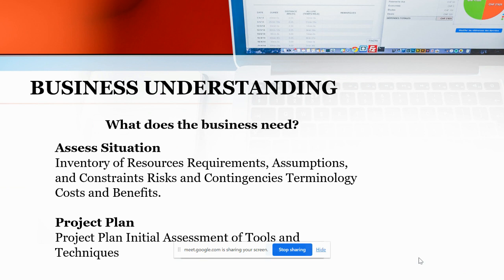You need to assess the situation, identify the resource requirements, as well as understand any assumptions, as to what you need to meet before carrying out your data analytics project. Then you have a project plan to initiate, with an initial assessment of tools, so that you know what tool to use in carrying out your analysis.